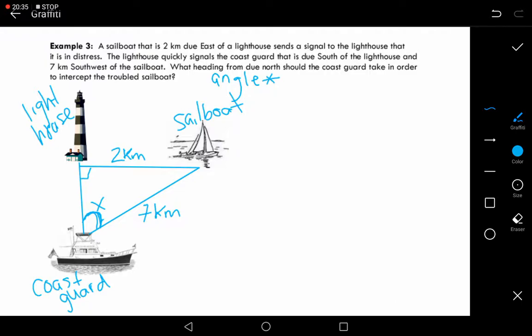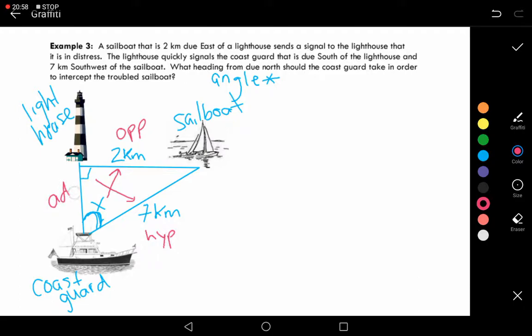We need to find that angle there that's labeled X. We've drawn our diagram, so we need to move on to labeling the opposite, adjacent, and hypotenuse. Okay, so again, the angle that we're dealing with, across from that is always going to be your opposite. Across from the right angle is always going to be your hypotenuse. Whatever's left over will be your adjacent.